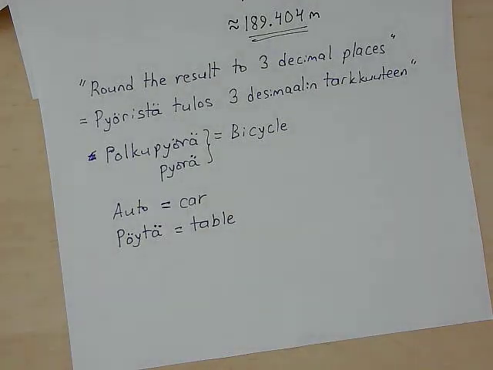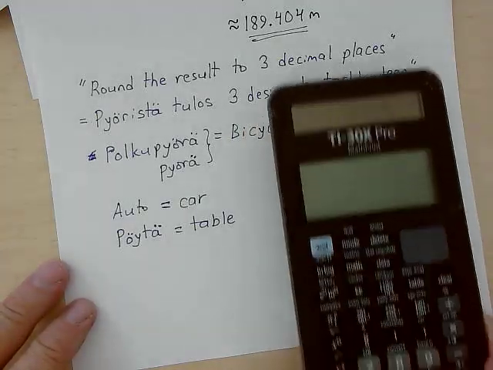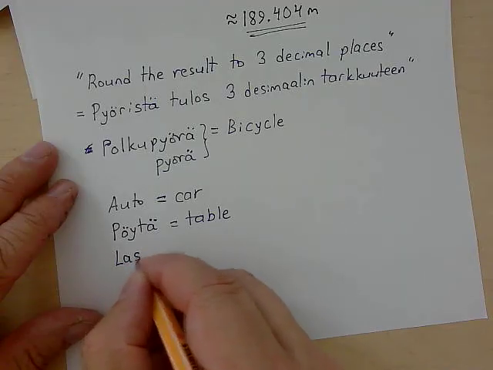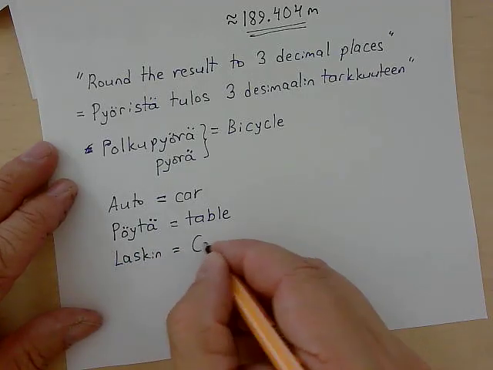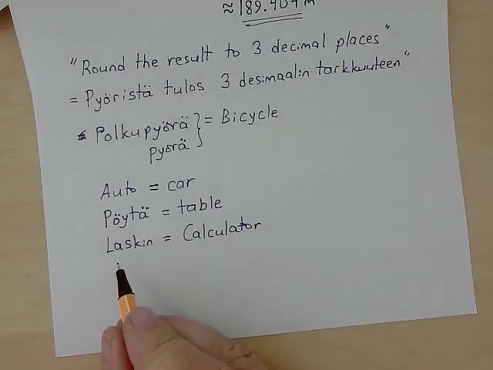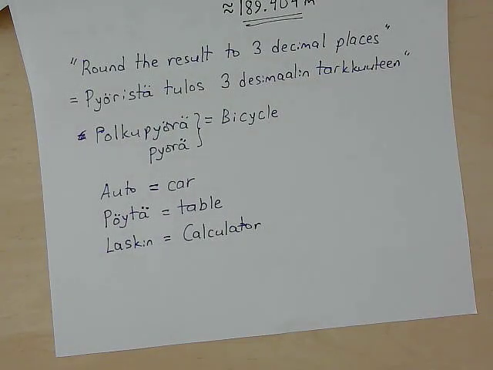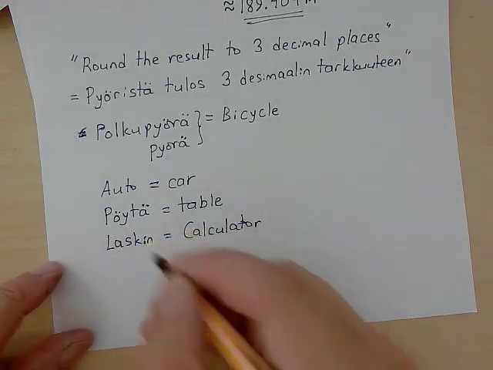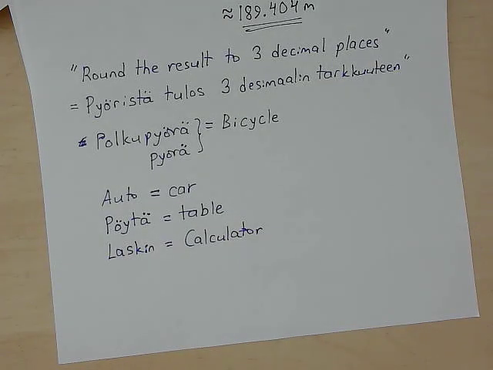For example, mathematical words: laskin. Laskin is calculator. Laskea is the same as calculating or counting in Finnish. Lasku.